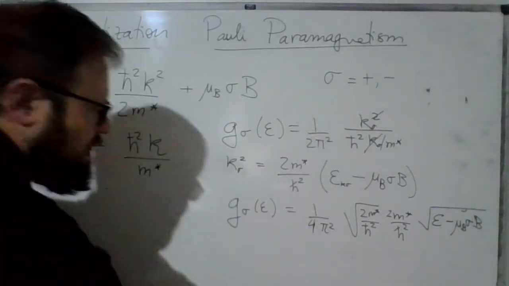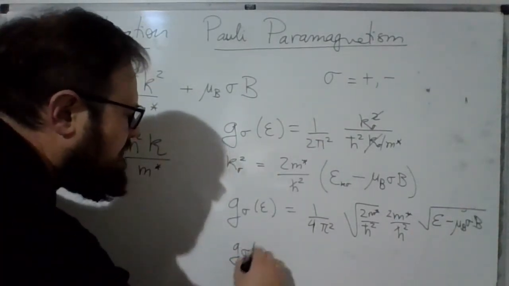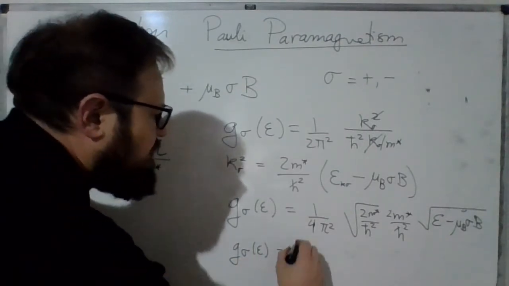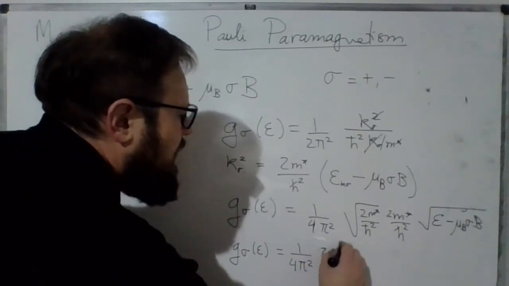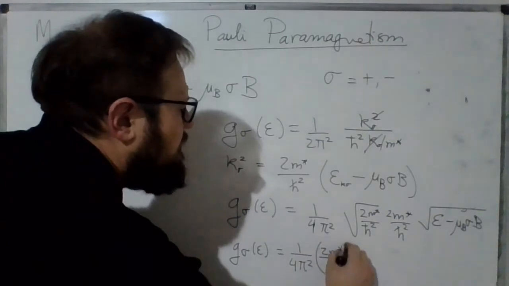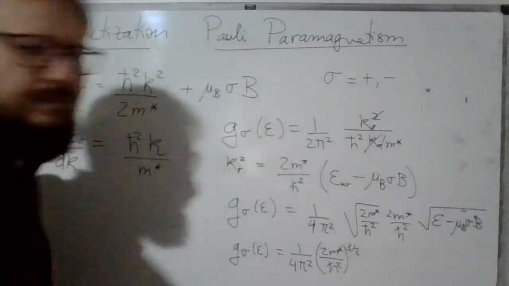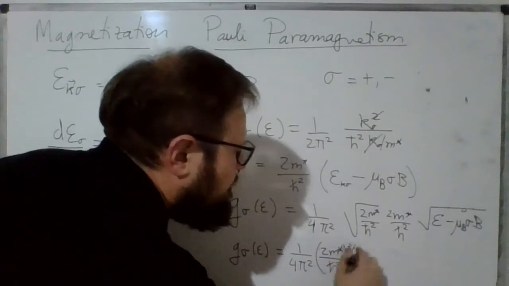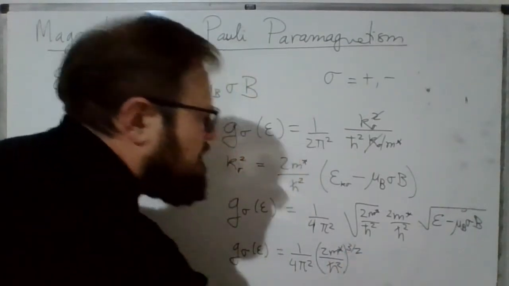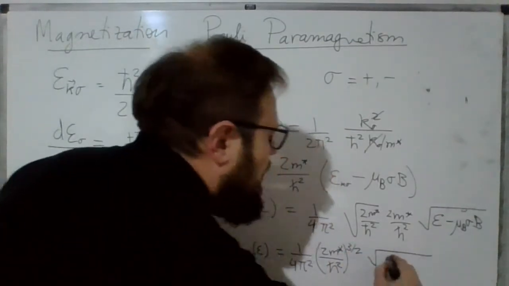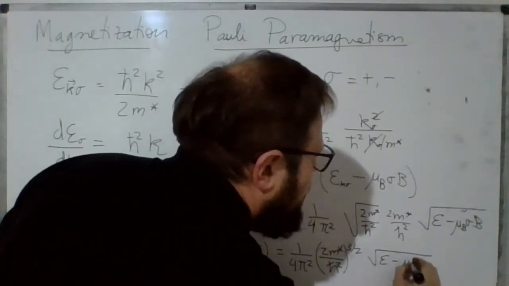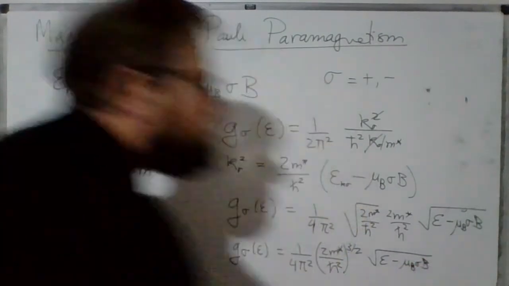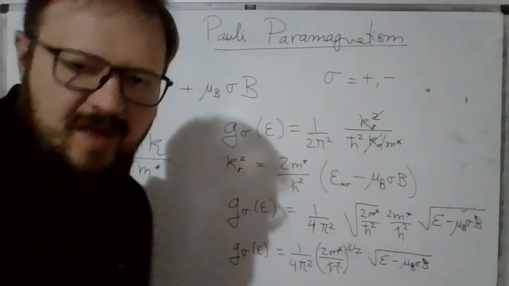we regain that factor. So the G sigma of epsilon corresponds to 1 over 4 pi squared, twice the effective mass of the particles to the 3 halves, times the square root of the energy, which now is being shifted by the application of a magnetic field.